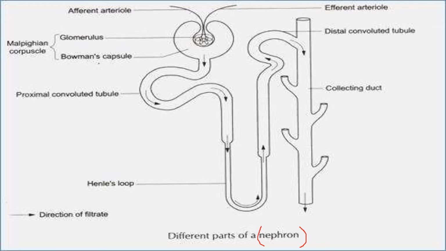The first thing you have to understand before studying the nephron is that you have to draw this diagram in your copies as well, so that you can gain good marks in your papers. Starting the structure of the nephron, the first portion is the Bowman's capsule.